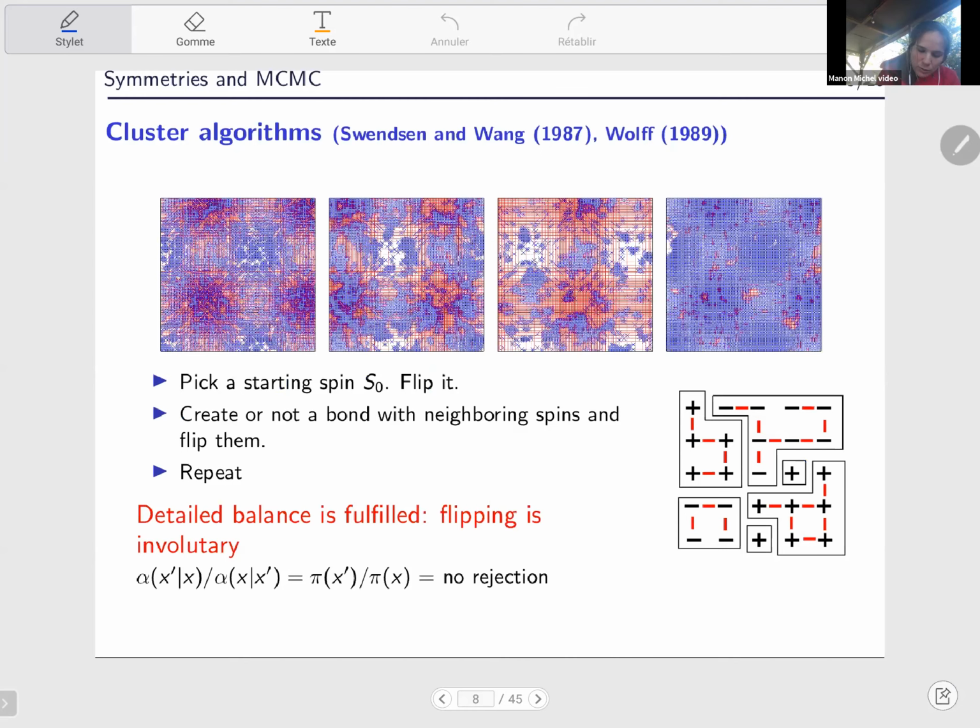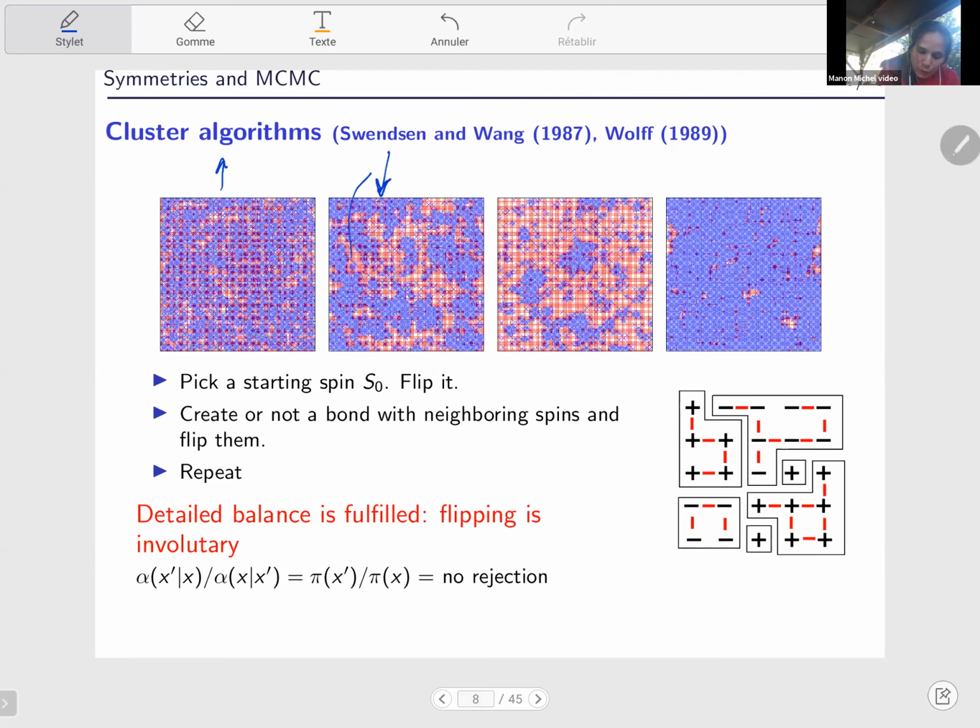The idea was to find a way to do some correlated move across these clusters of same spin value. The idea was to pick a spin, for instance this one, flip it, and then build a cluster of spins that would also be flipped according to this first flipped spin.